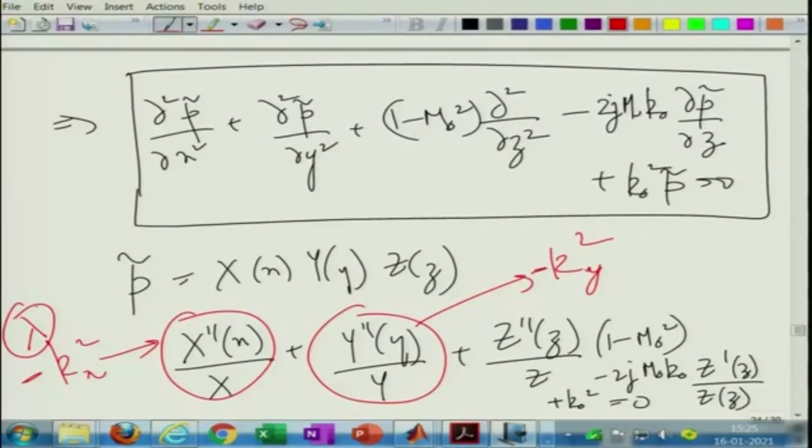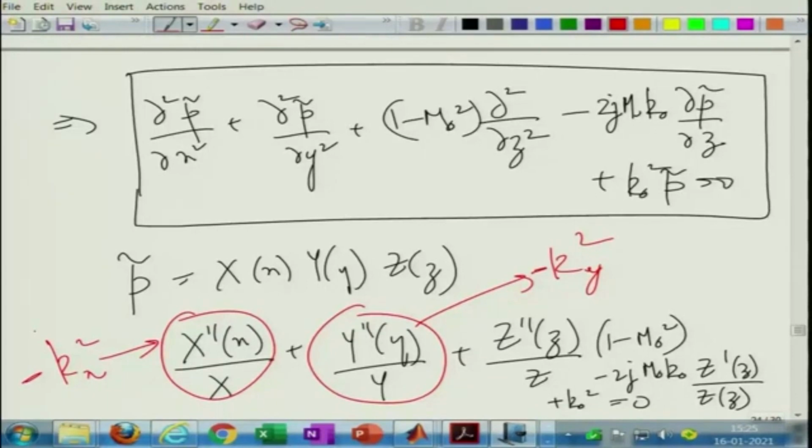So, it is unstable, a spatially growing kind of wave, which is not permissible. So, what we will do is assume kx is a real number, and kx square will also be real, and then minus kx square will always be negative.